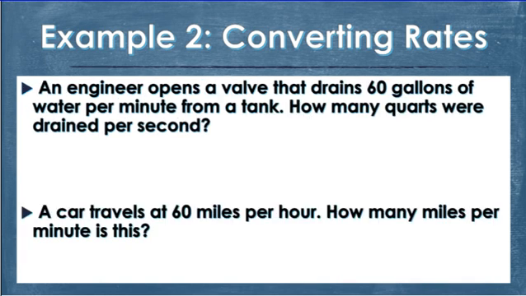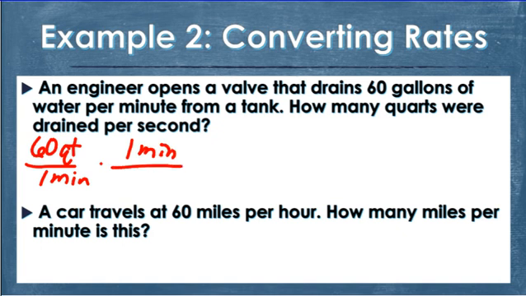Next problem. An engineer opens a valve that drains 60 gallons of water per minute from a tank. How many quarts were drained per second? So I start with 60 quarts of water per minute. So 1 minute. I need to go to quarts per second. So I need to use 1 minute over 60 seconds because that's my unit ratio.